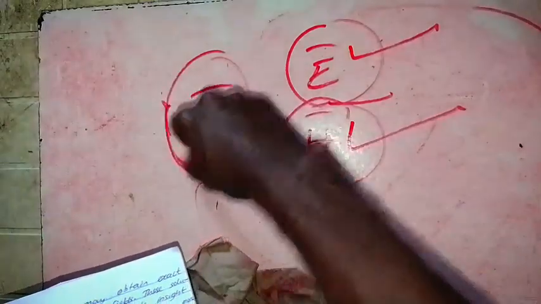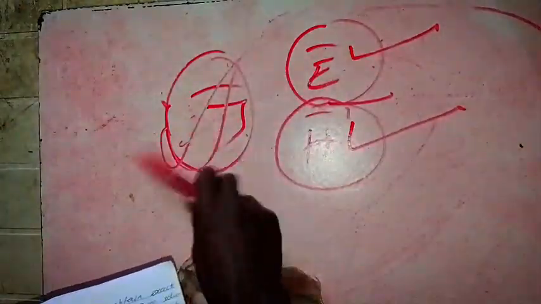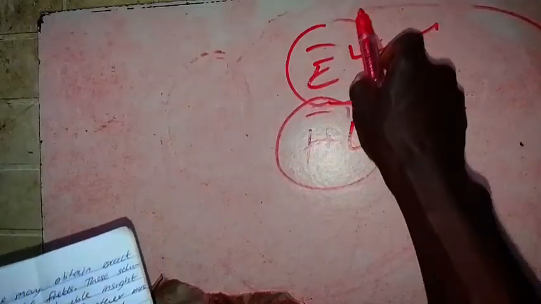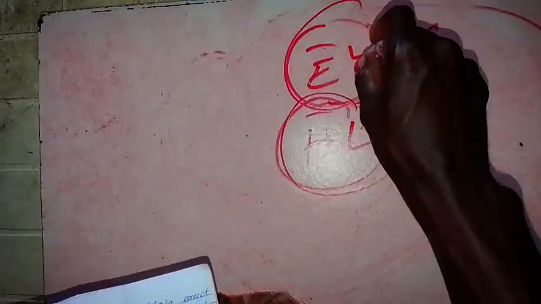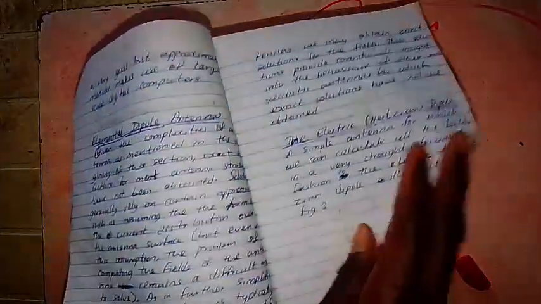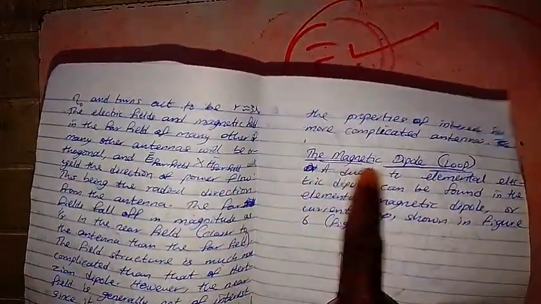So this one is considered done because we assume it. What are we now deriving expressions for? This and this: the electric dipole. And if you look further in the notes, you will see the magnetic dipole somewhere.